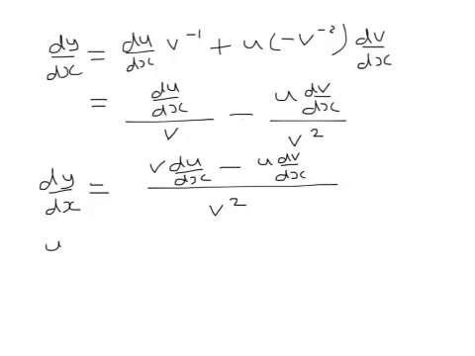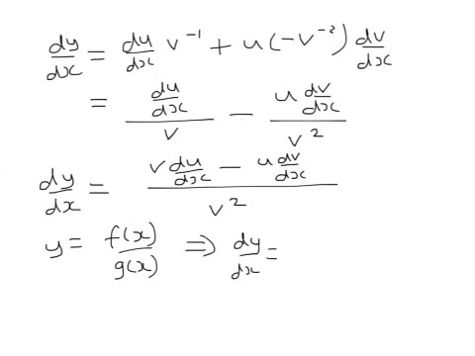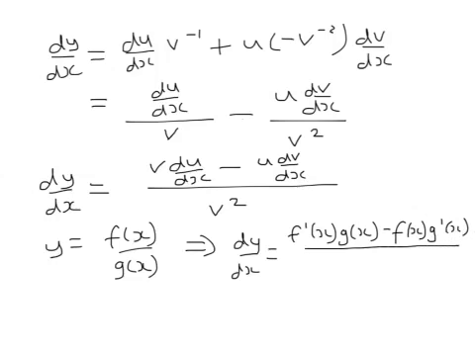Sometimes that's written as f(x) over g(x). So I get dy by dx, and the rule is differentiate the top one first and leave the bottom one alone. Then it's a minus sign, and then it's differentiate the bottom one second and leave the top one alone. And it's all over the bottom one squared.